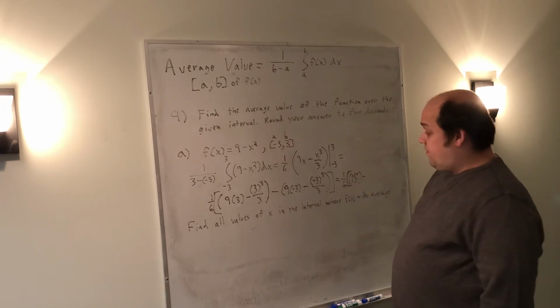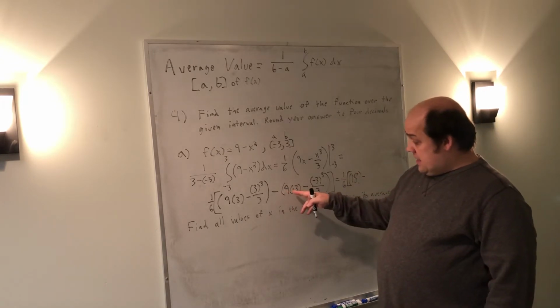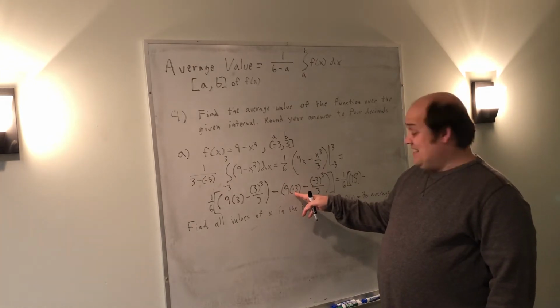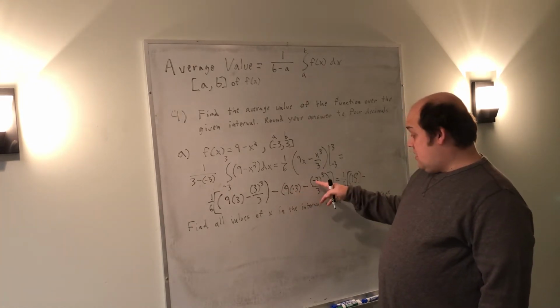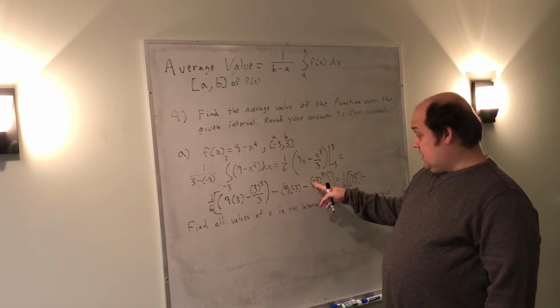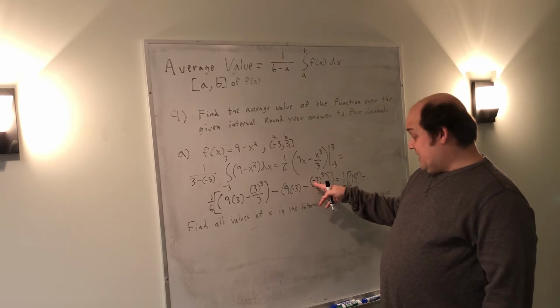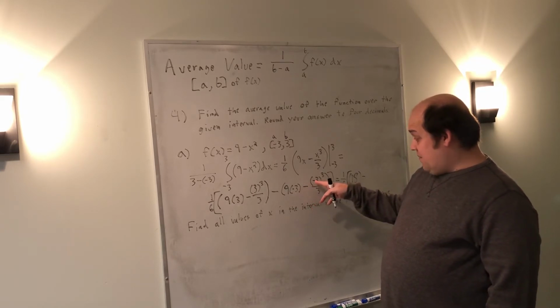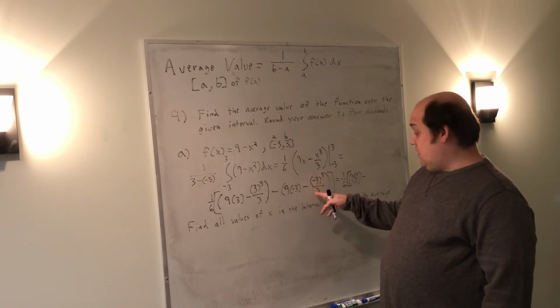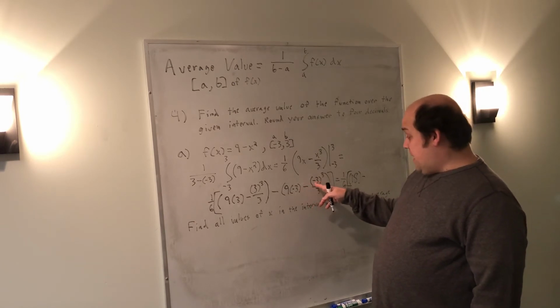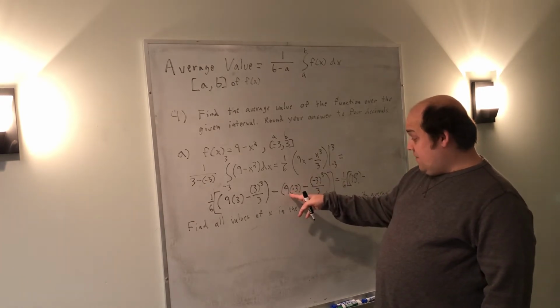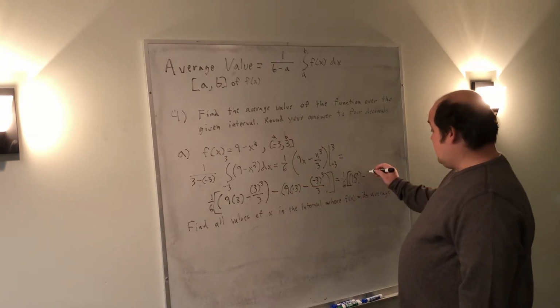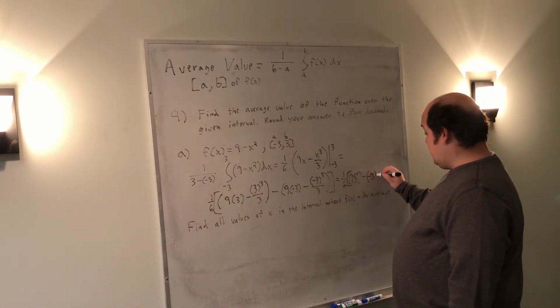I'm subtracting from that. 9 times a negative 3 is negative 27. Negative 3 cubed still gives me a negative 27, but then this negative makes it into a positive 27 thirds, so it becomes a positive 9. Negative 27 and a positive 9 give me negative 18.